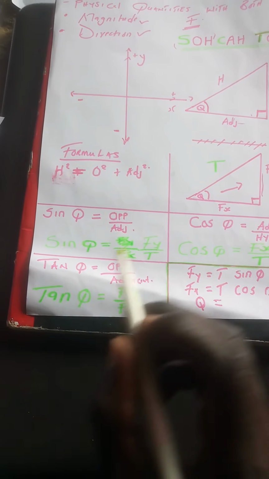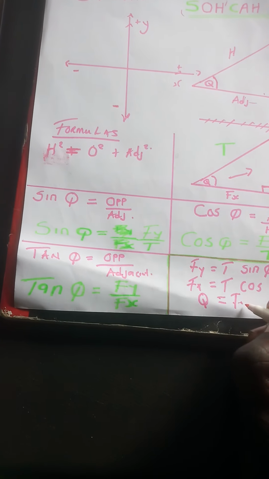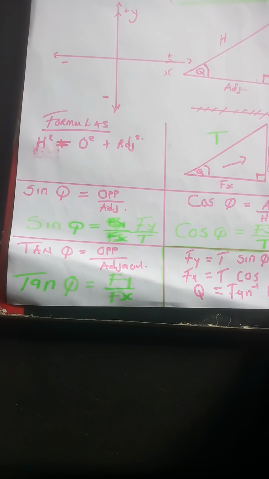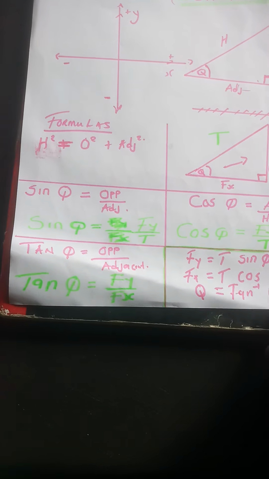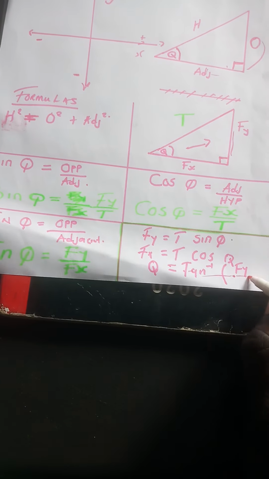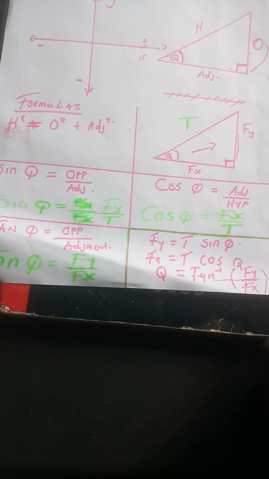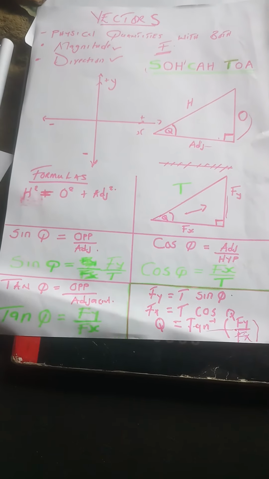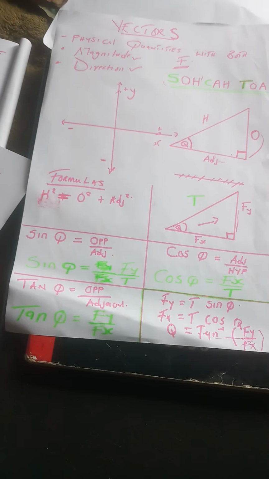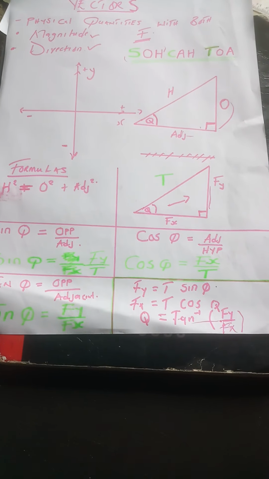Since we want theta, we take tan to the other side and it becomes tan inverse. Basically that's what we do. So if you come to understand the basics of this, you get to solve vectors without any problem.